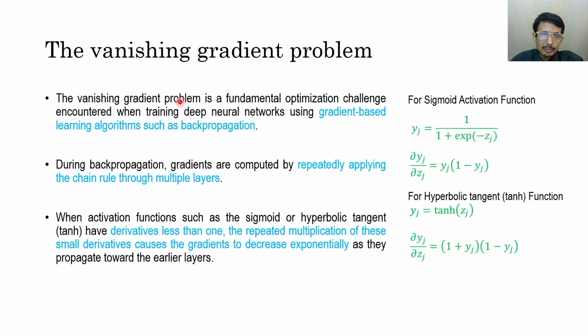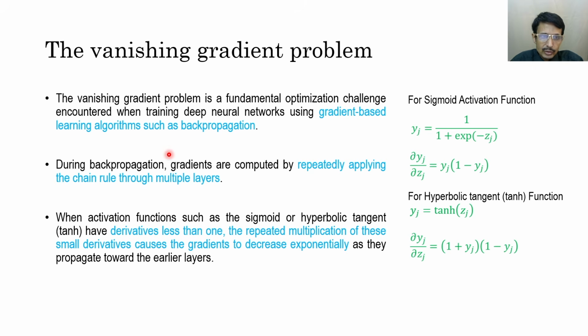So why does this kind of problem occur, or what is actually the problem? To understand this, we have to go back to our backpropagation concept. During backpropagation, gradients are computed by repeatedly applying the chain rule over the multiple weights, as we have seen in our neural net lectures.